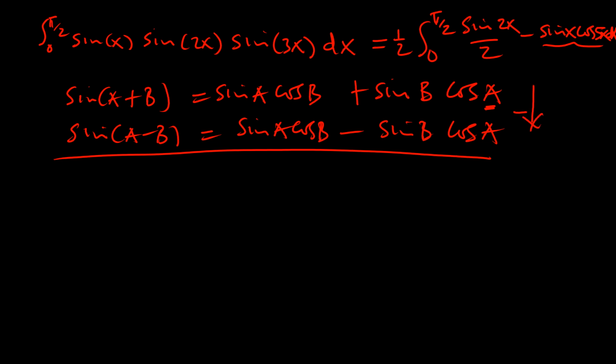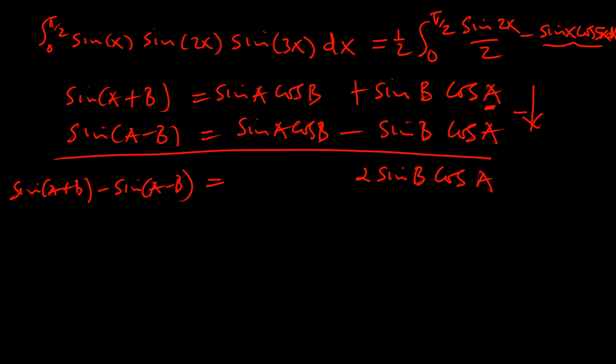And say that we have 2 sine b cosine a is equal to sine a plus b minus sine a minus b, right? So that if a is 5x and b is x, then we have 5x plus x, which is 6x, so sine 6x minus sine of 5x minus x, which is 4x, and then we'll divide by 2 because we have that.